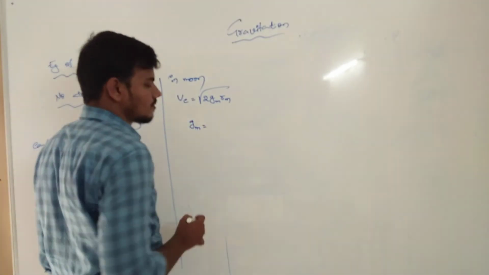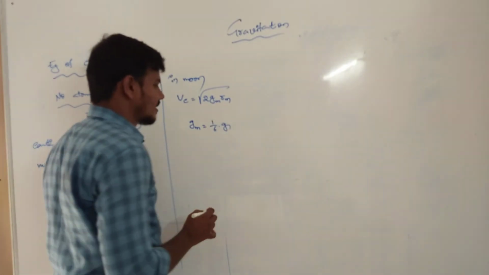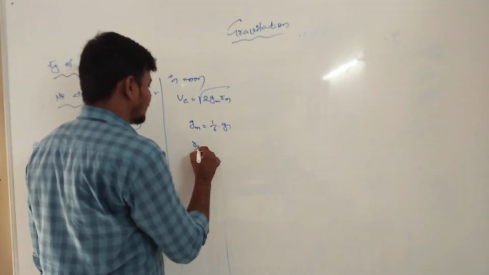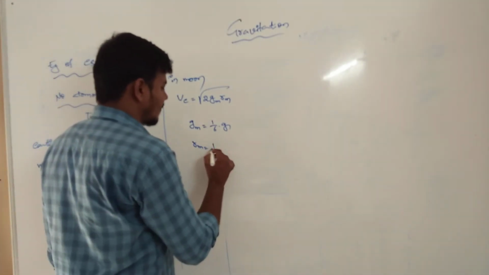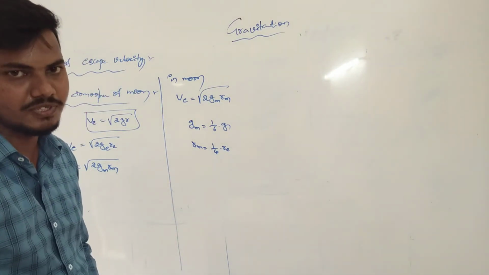GM is equal to 1/6 into G, the gravity value we can take at this moment. Next, RM is equal to 1/4 into RE, the earth surface radius.